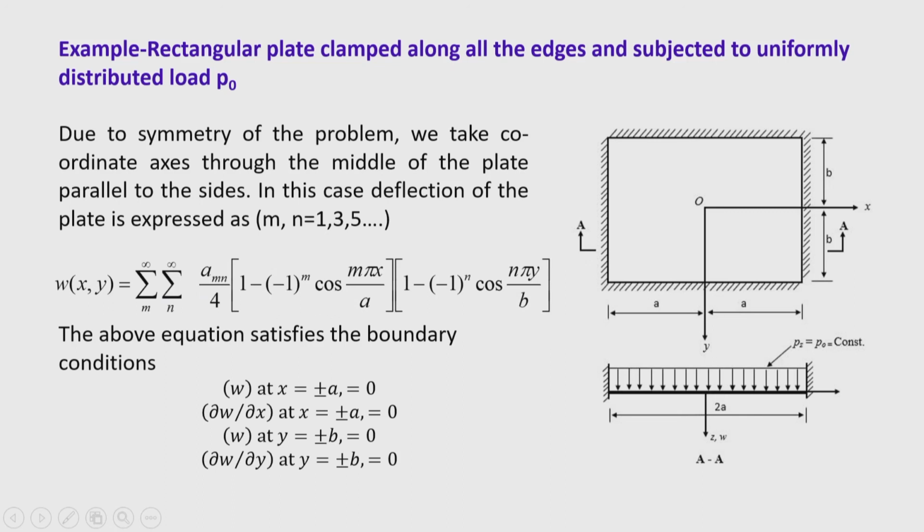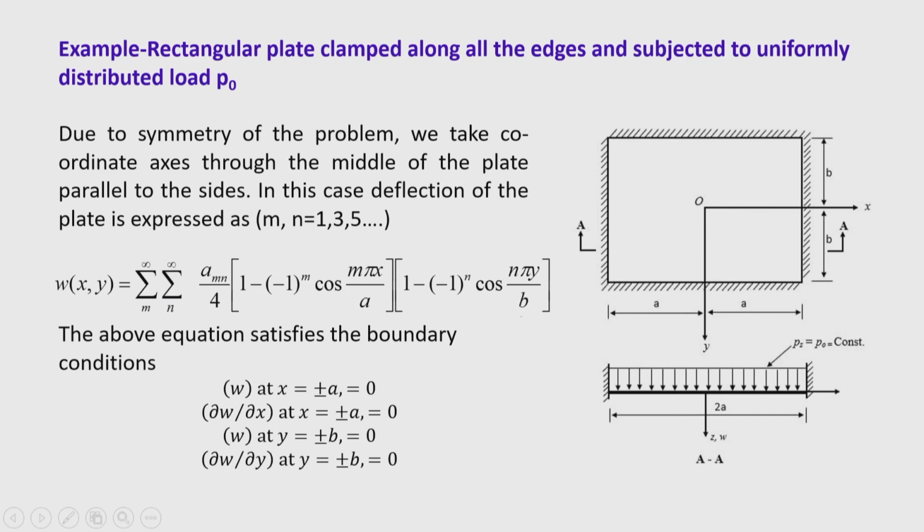So, 1 minus 1 you will get 0. Again at y equal to b, you will get 1 minus 1 equal to 0. So, the deflection condition is satisfied at x equal to a or x equal to minus a, and y equal to b or y equal to minus b.